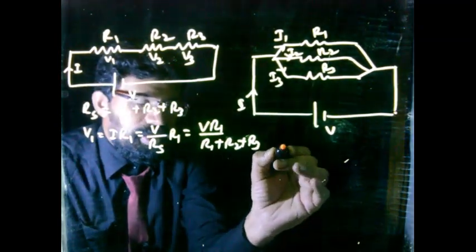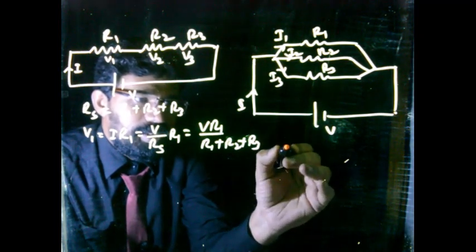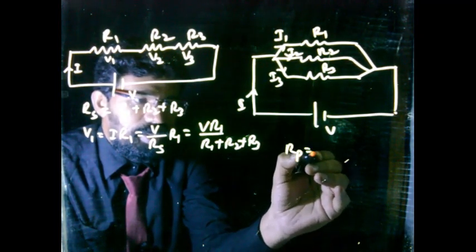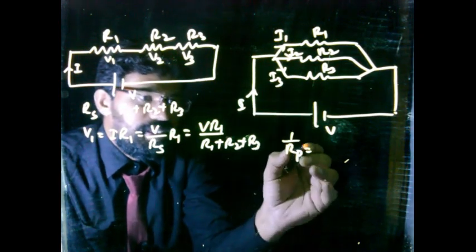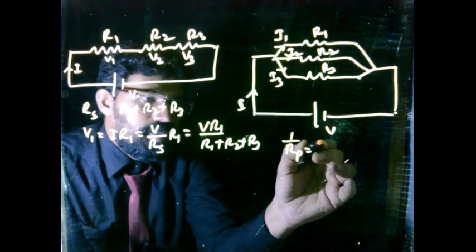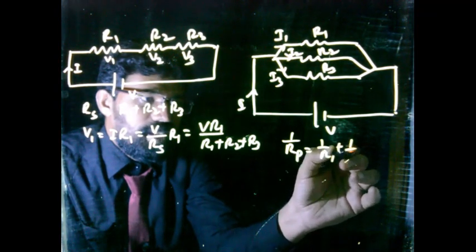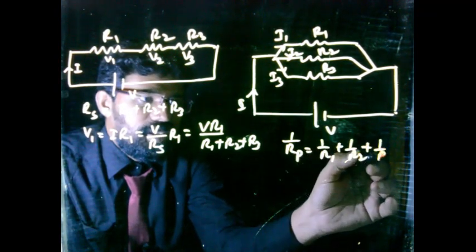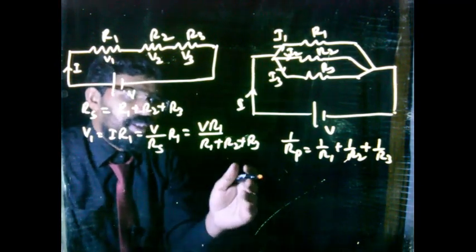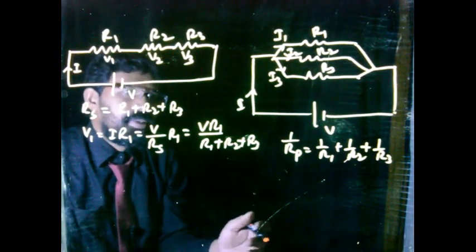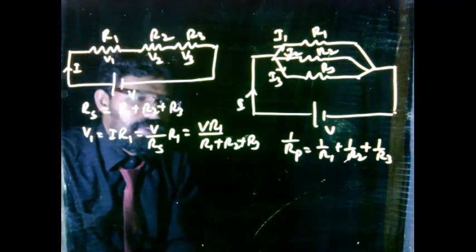What was our conclusion regarding the effective resistance? It's better to take 1 by Rp, because we have three resistors. So 1 by Rp is equal to 1 by R1 plus 1 by R2 plus 1 by R3. If you want an expression for Rp, it is R1 R2 R3 by R1 R2 plus R2 R3 plus R3 R1.